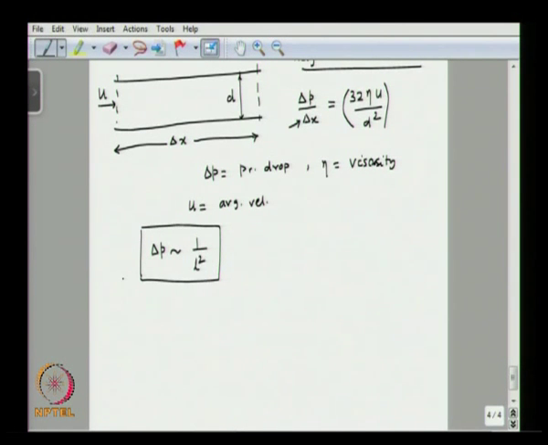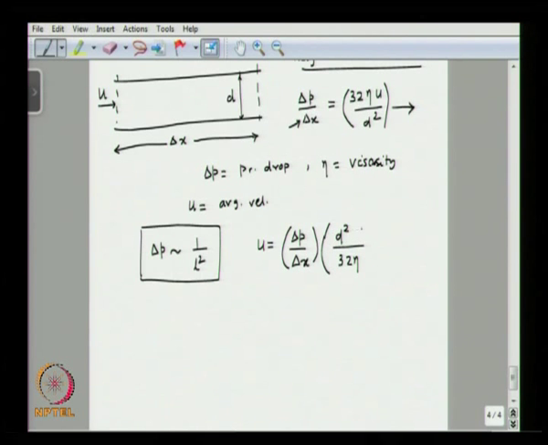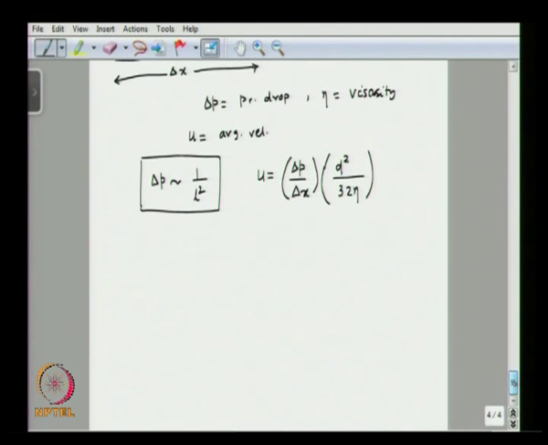Now from here we can rearrange the terms to write u equals delta P over delta x into d square by 32 eta. Now we can write the expression for the flow rate.